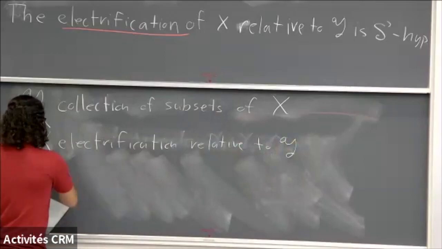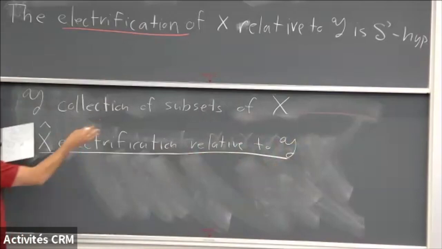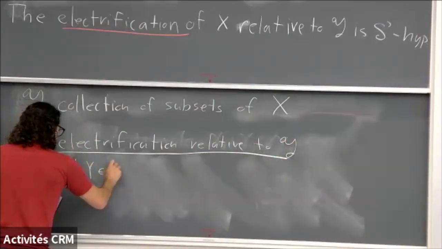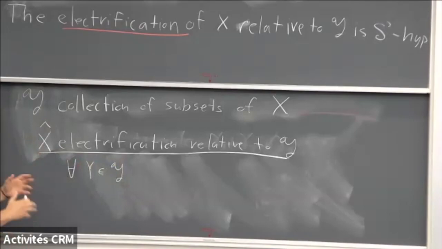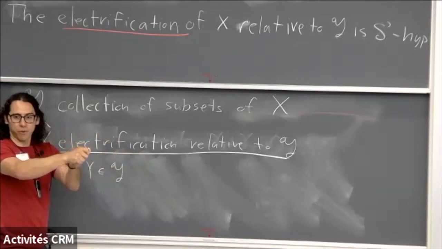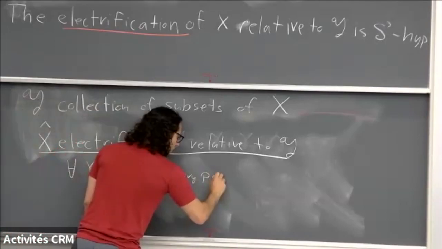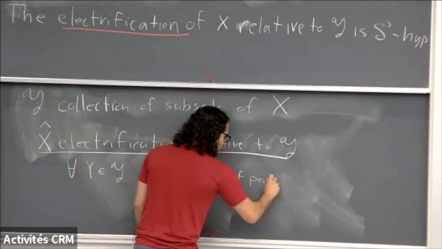It's the space you make by taking X, and for every subset in your collection, you want to crush it down so it now has diameter 1. The way you do that is by adding an edge that connects every pair of points in your subset. So join every pair of points.